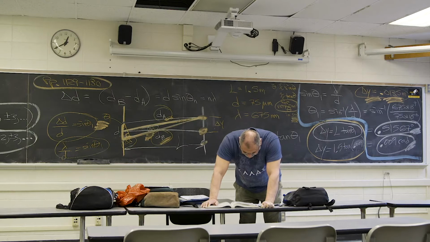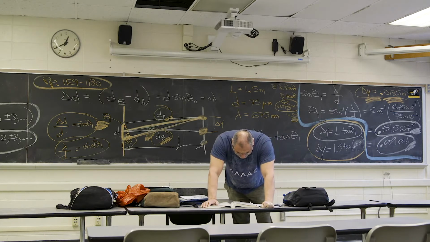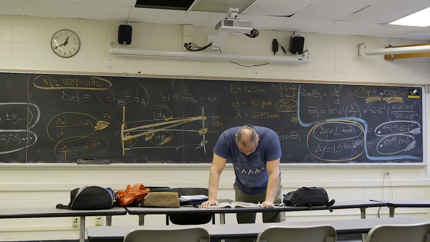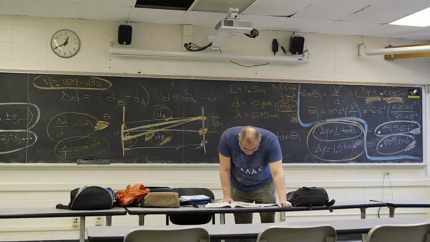The screen is 2.5 meters away from the slits. A, if the distance between the central bright fringe and either of the adjacent bright fringes is 1.67 centimeters, find the wavelength of the incident light. Great question. B, at what angle does the next set of bright fringes occur? So you have to open it further. At what angle are the next set of bright fringes?